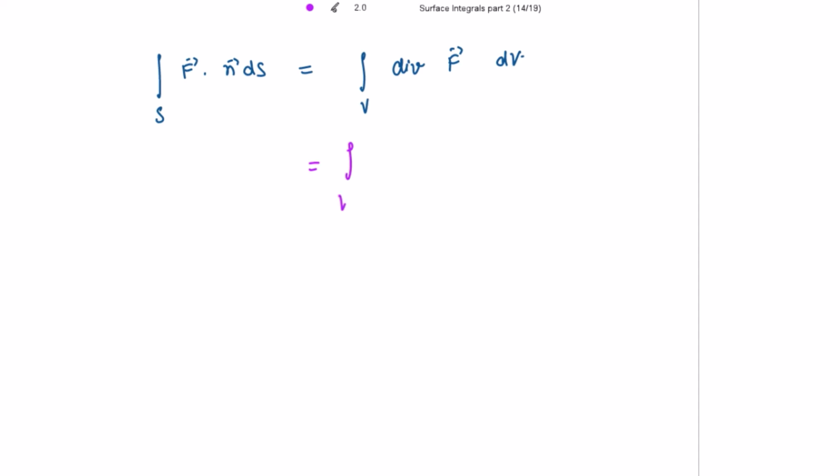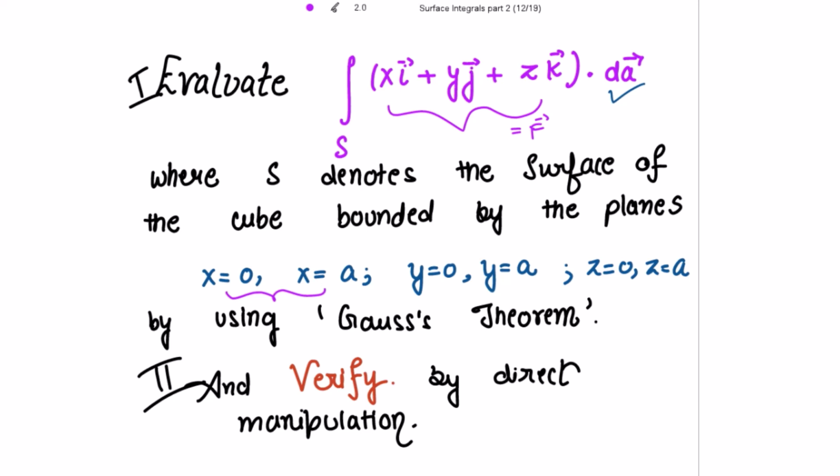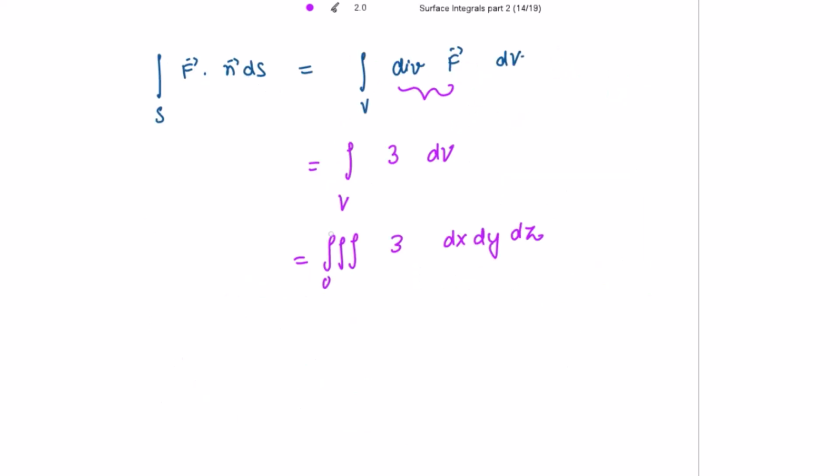So the volume integral of the divergence of F vector is the integral of 3 dV. Writing the triple integral of 3 dx dy dz, the limits are given to us. The limits for x are from 0 to a, for y also the same, for z also the same. So this is 0 to a, 0 to a, 0 to a.